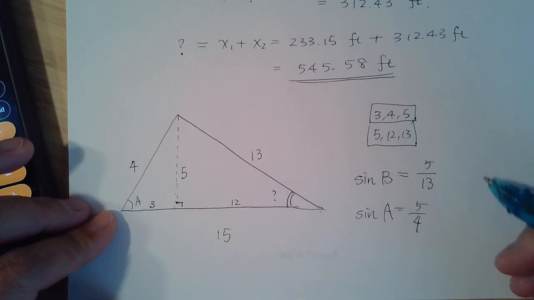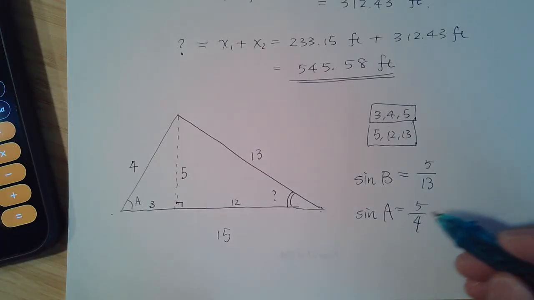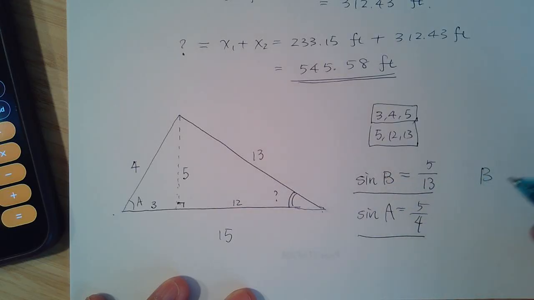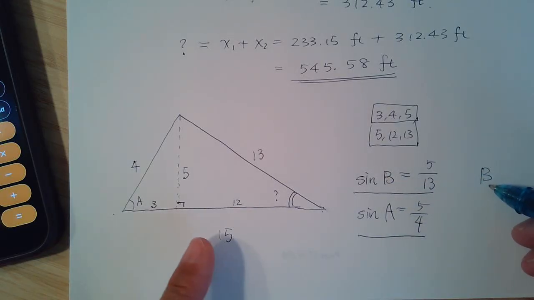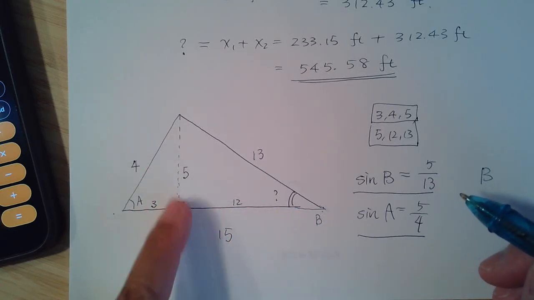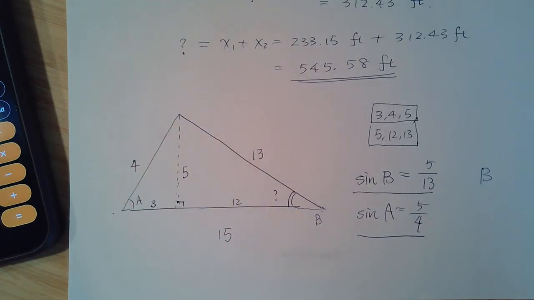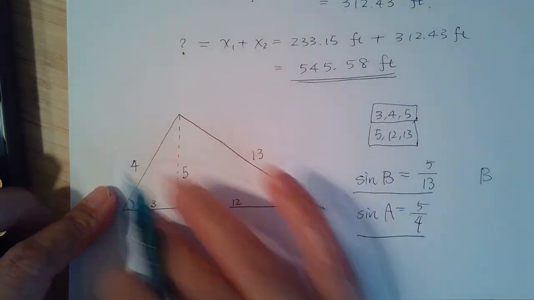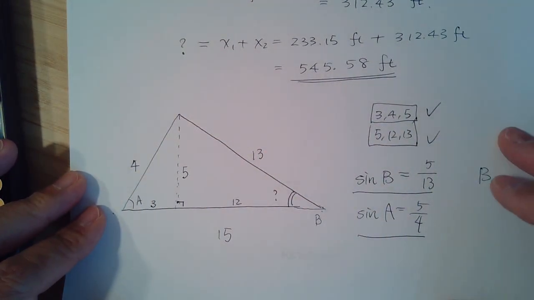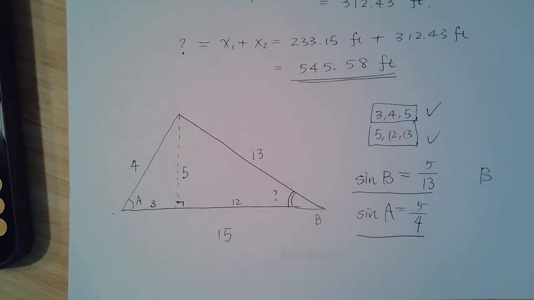So in a later chapter, we're going to find out what B is by taking the inverse sine, and then we find the value of A and the value of B. And then we subtract the sum of that from 180 to get the angle C. We totally solve it. But so far, I just want you to know some information about here and give you these two sets of right triangles. And I think that's everything I need to tell you from the right triangle trigonometry. Okay.